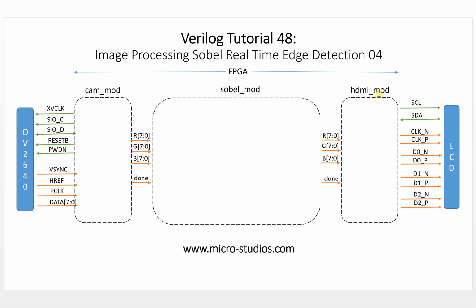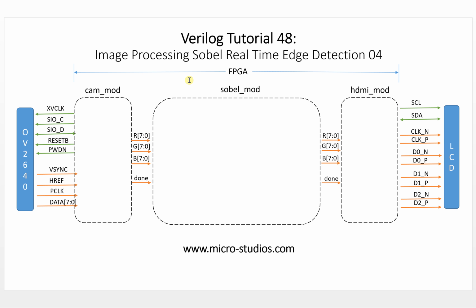The HDMI module takes the pixel data and generates the display signal for the LCD to do the real-time display. So these are the main three parts of the code inside the FPGA.